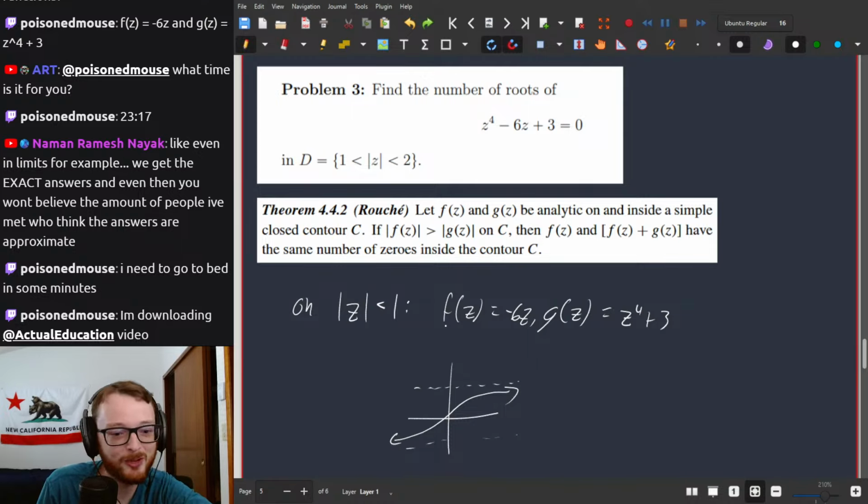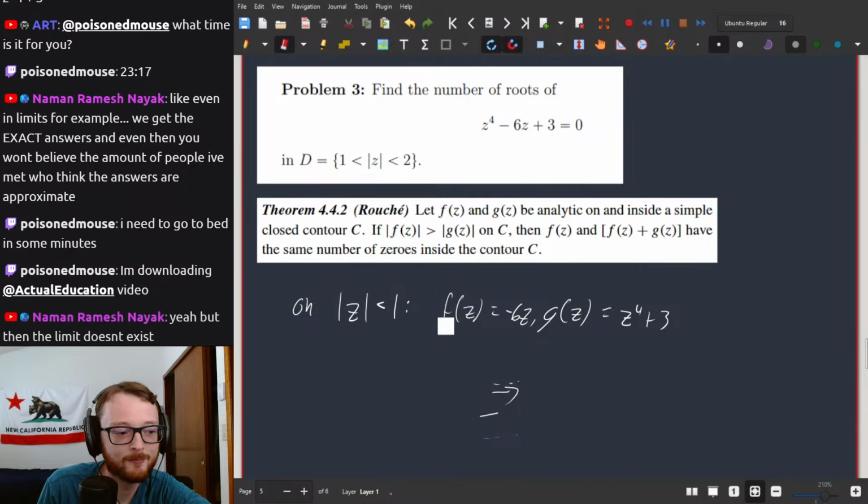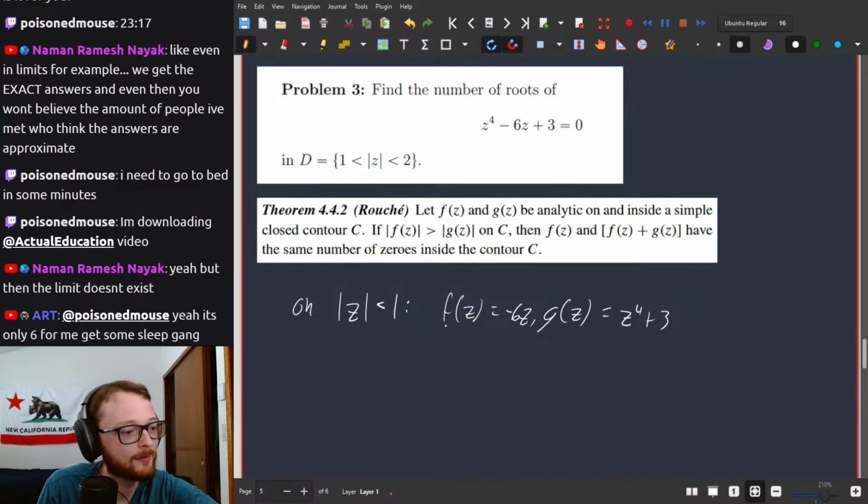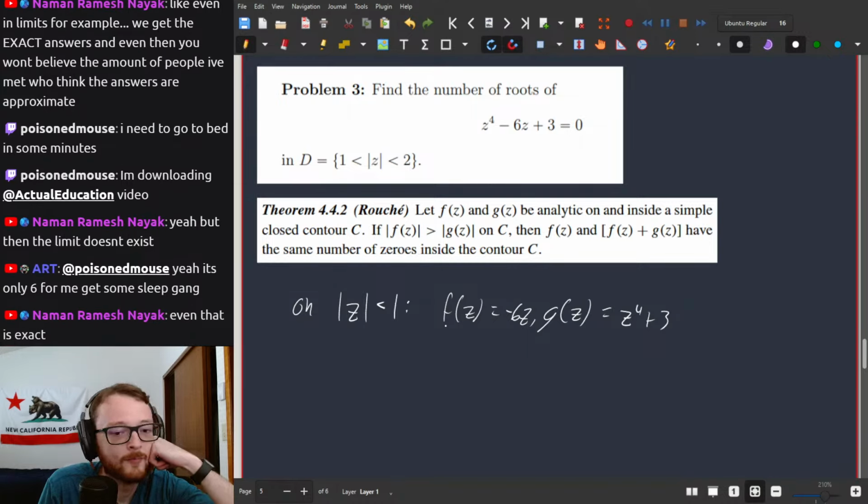So in that sense, you could kind of call that an approximation. But yeah, I don't know, they might mean something else. The limit is exact, yeah. The actual function is never that, though, I guess.